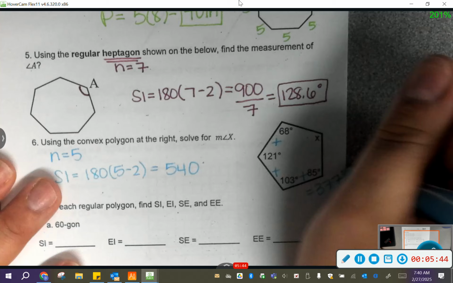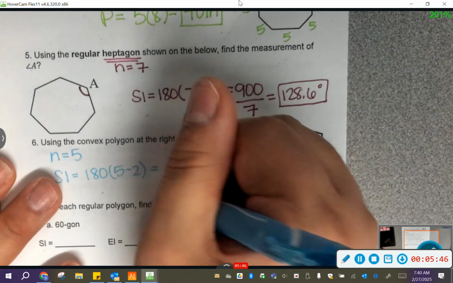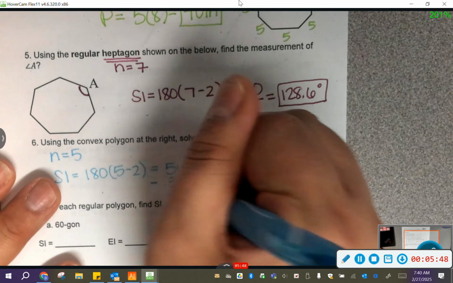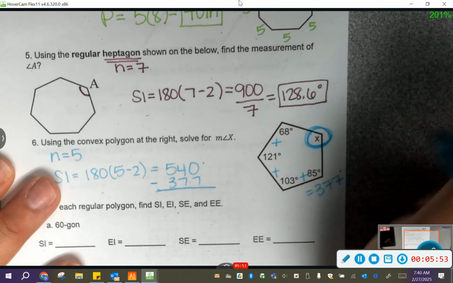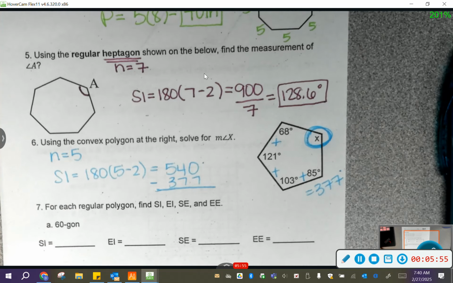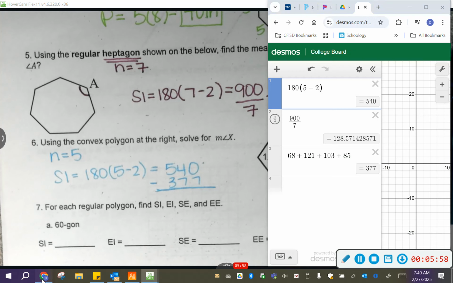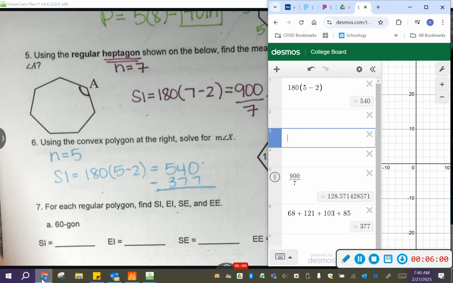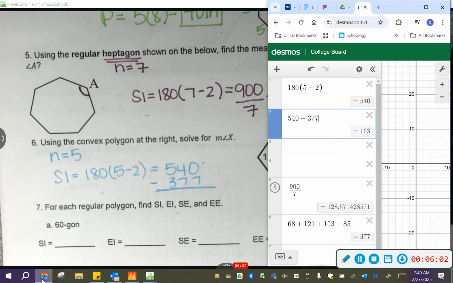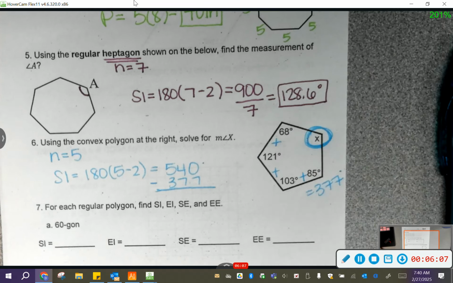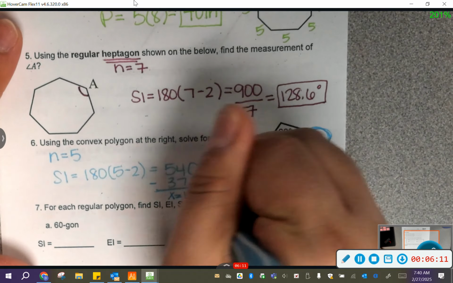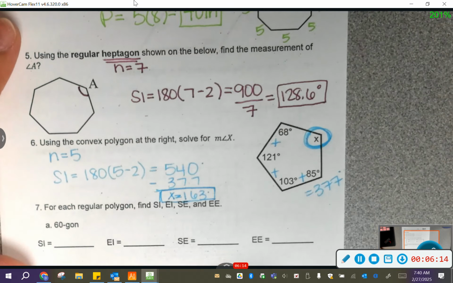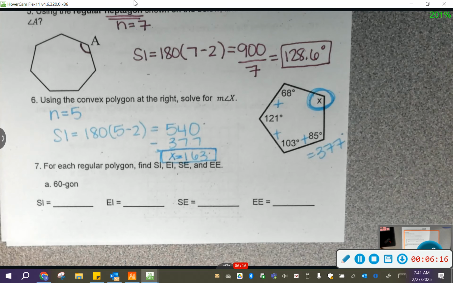So what am I going to do with these two numbers? Subtract to see how much is left over for this x. So what is 540 minus 377? 163 is my answer. And that's what you'll do tomorrow.